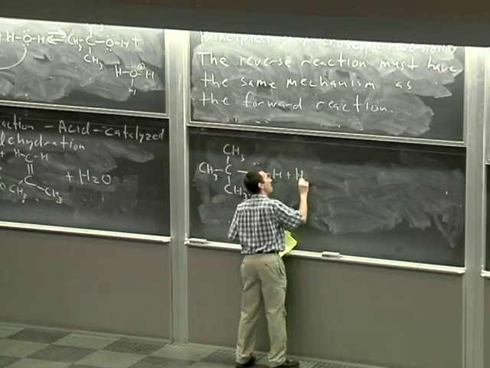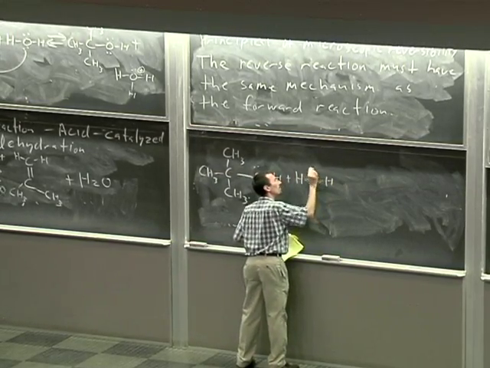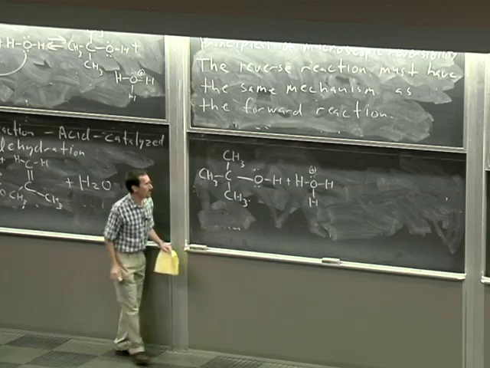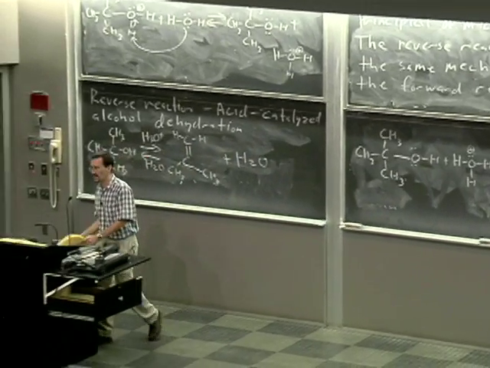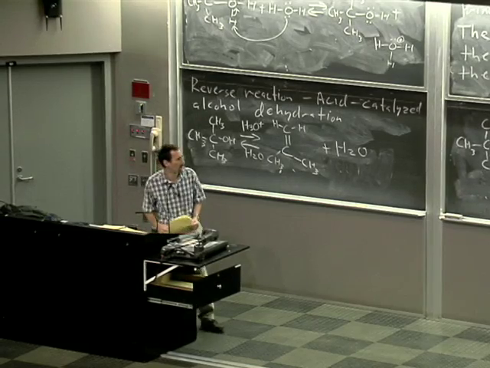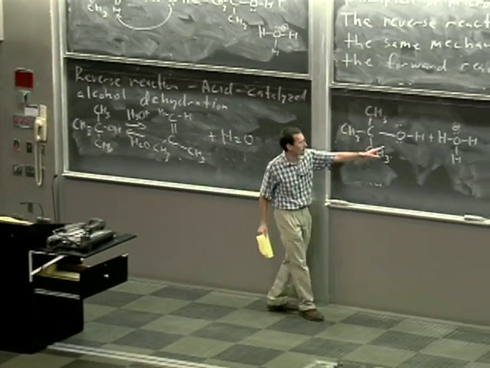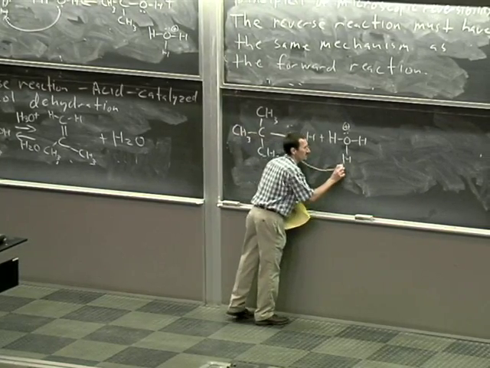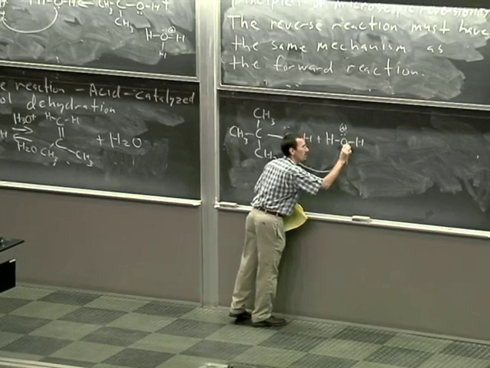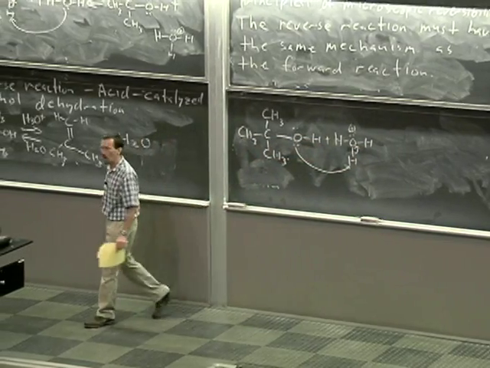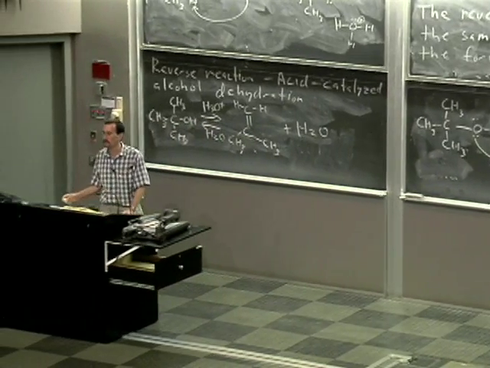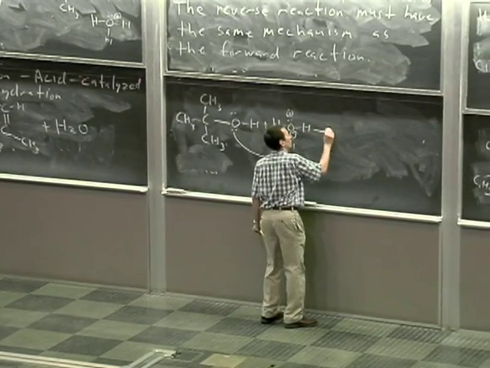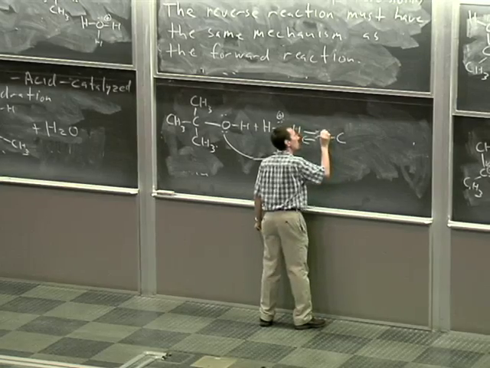Here's our hydronium ion. The hydronium ion acts as an acid, both a Bronsted acid and a Lewis acid. It gives up a proton to the oxygen atom of tert-butanol. We already discussed how this is an equilibrium where protons come on, protons go off. I show the same notation of curved arrows to show the flow of electrons. I have an equilibrium.